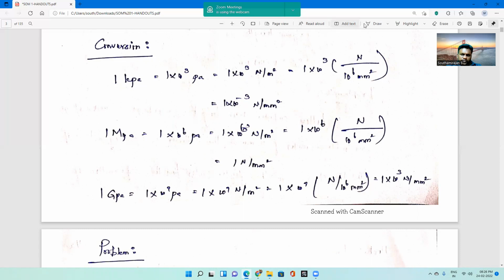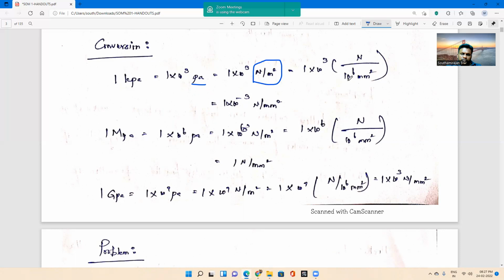Pascal can be converted into Newton per mm square. 1 Pascal equals Newton per meter square. In order to simplify further, Newton per meter square will be converted into Newton per mm square.